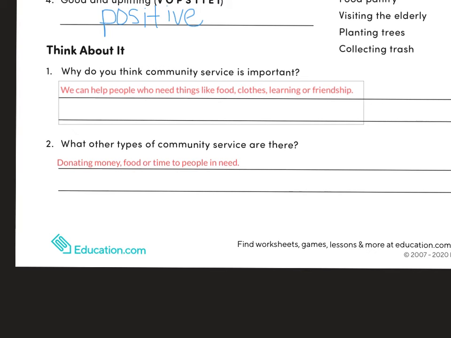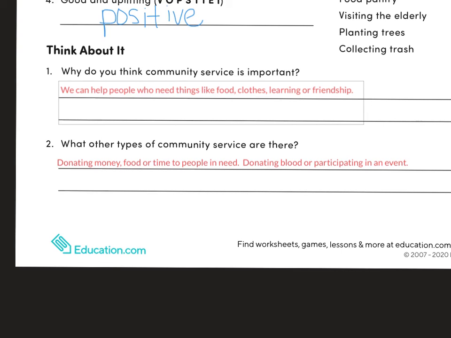Another example would be donating blood, or participating in an event.